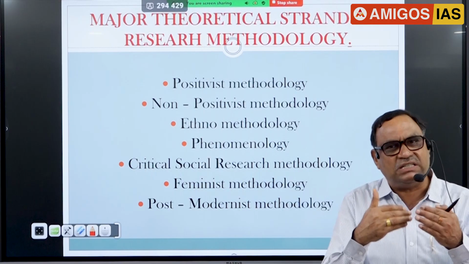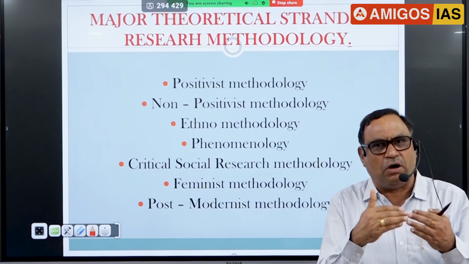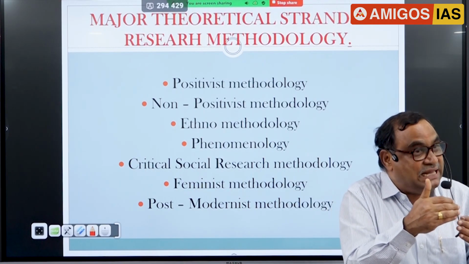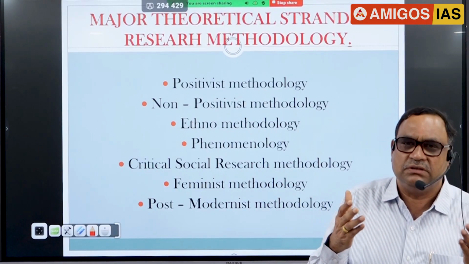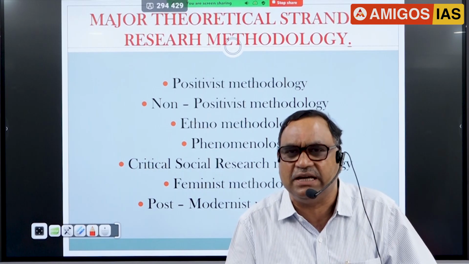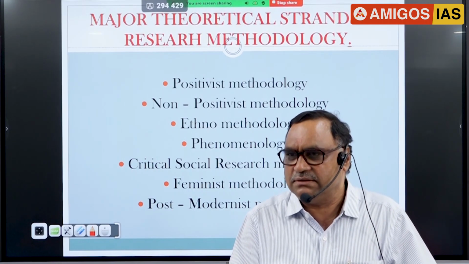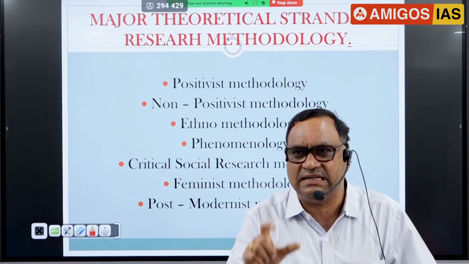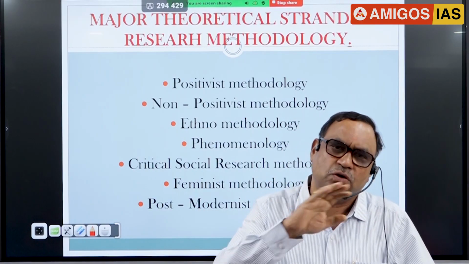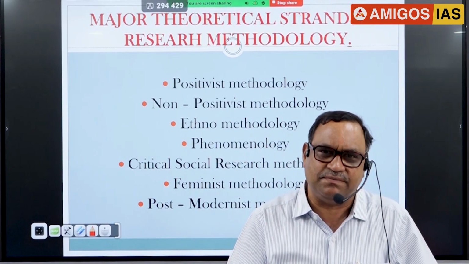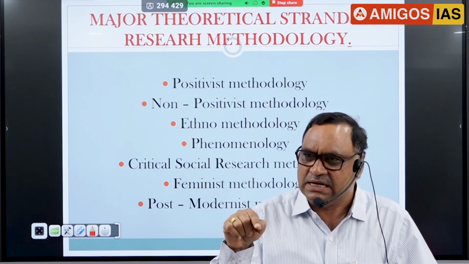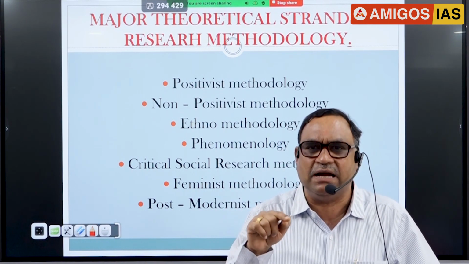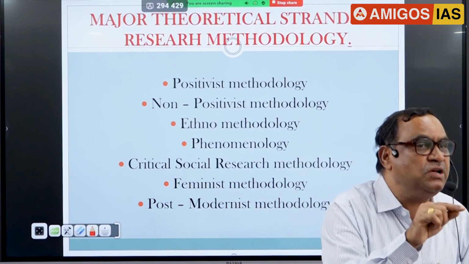And by using positivist methodology, sociologists have established many theories. Like in physics, chemistry, biology, you can see several theories which are applicable to the entire physical universe. In a similar fashion, sociologists have also established many theories which are applicable to the entire social universe.